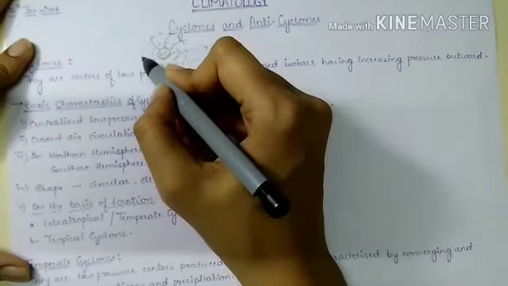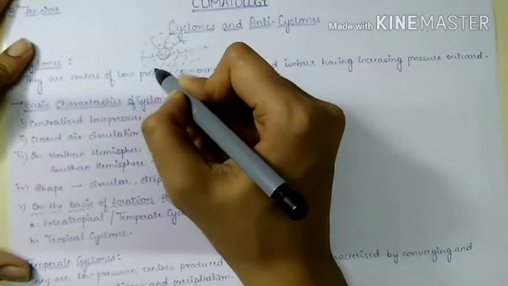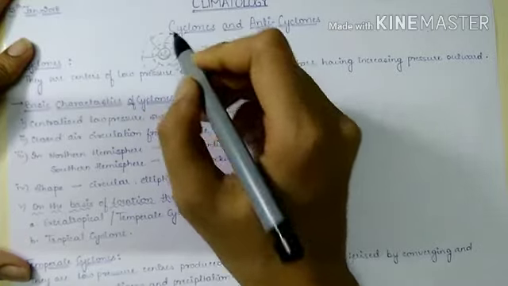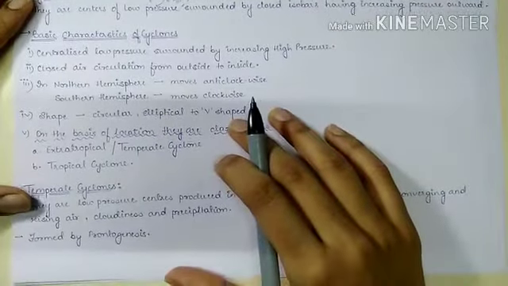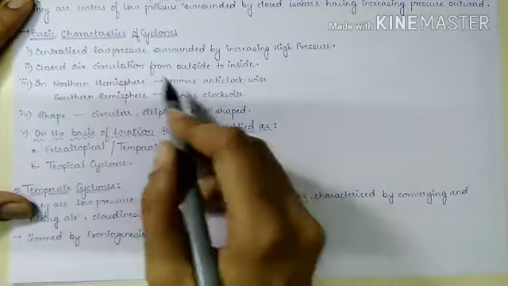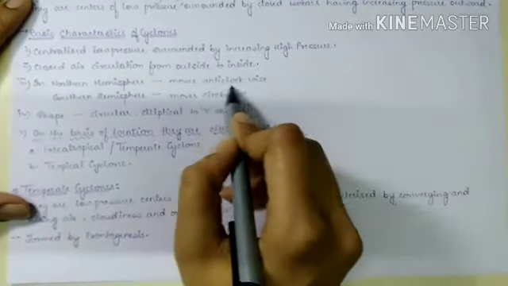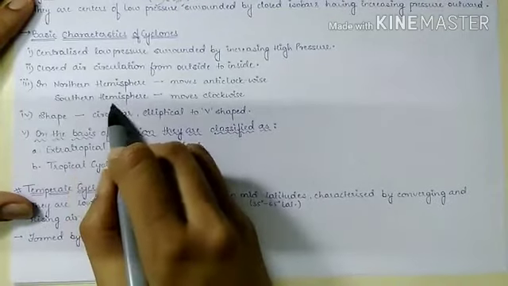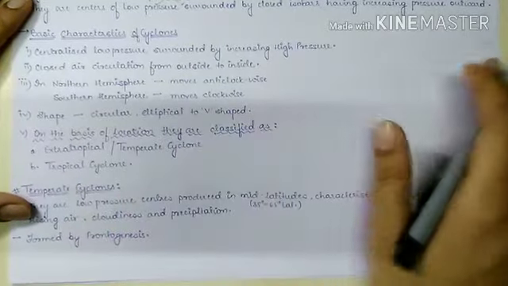Next, in the northern hemisphere the cyclones move anti-clockwise, while in the southern hemisphere they move clockwise.